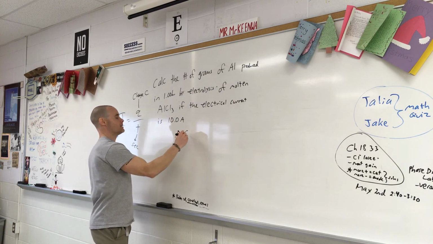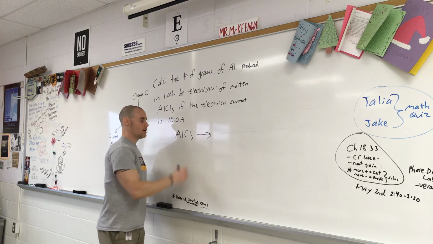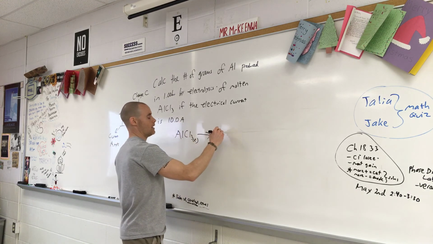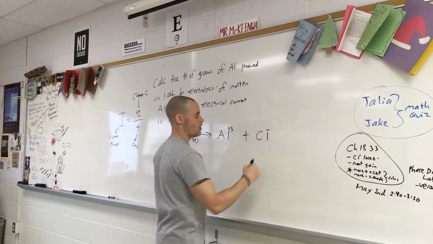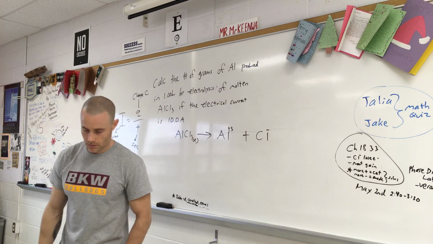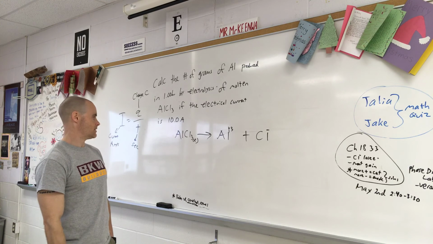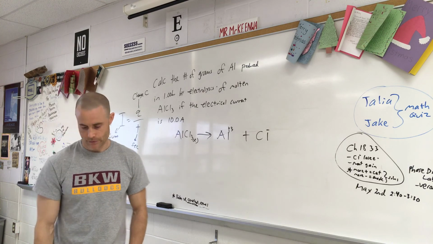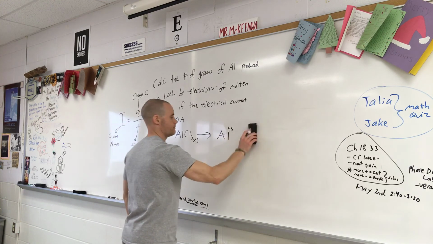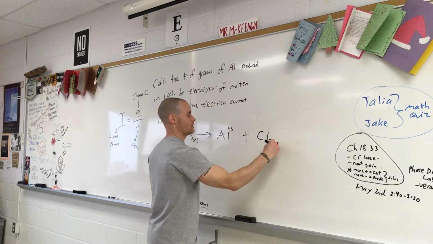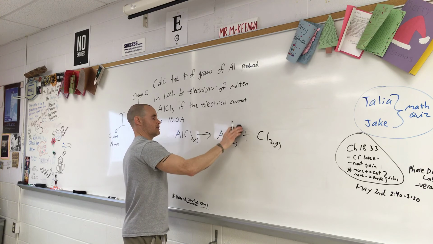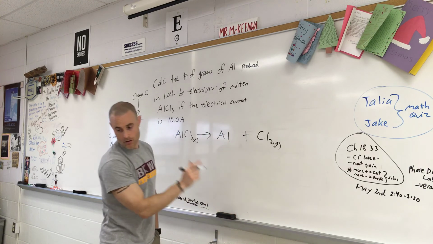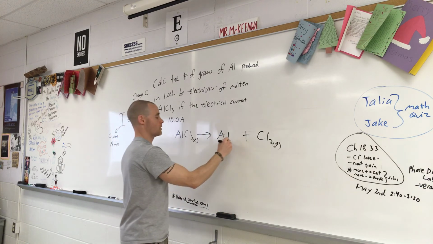All right. So now let's write down what's happening. You have AlCl3, and it's liquid. So that's going to be Al3+ and Cl minus. Wait, it's actually Al liquid, sorry.